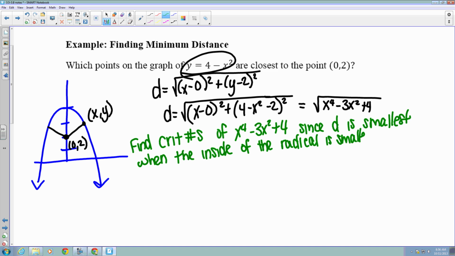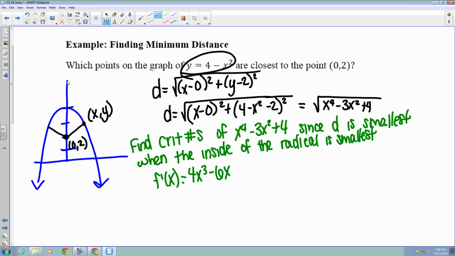So that actually makes our problem a heck of a lot easier. If we take the derivative of the inside, it's 4x cubed minus 6x, and then we can find the critical numbers of that. It's actually not too bad of a problem.